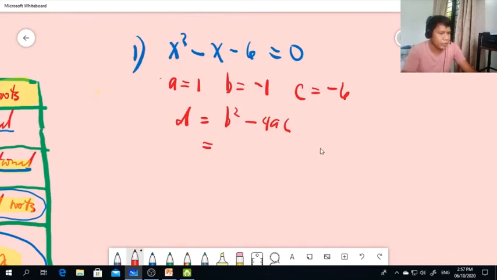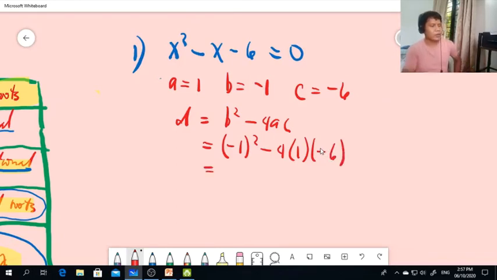So we have negative 1 raised to the second power minus 4 times 1 times negative 6. Negative 1 raised to the second power is 1. And you have negative 4 times negative 6, that is positive 24. And the resulting number is 25.